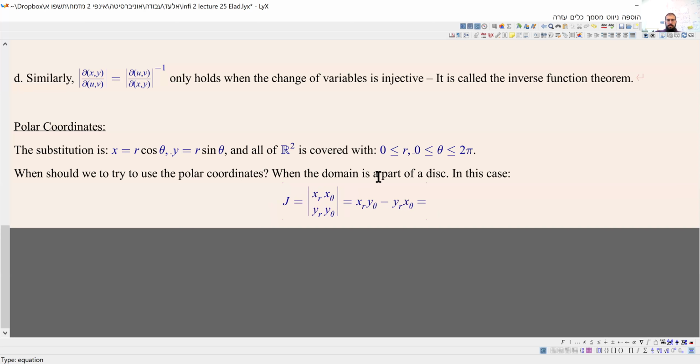X by r is cosinus theta, multiplied by y by theta, which is r cosinus, minus y by r, which is sinus theta, multiplied by x by theta, which is minus r sinus.